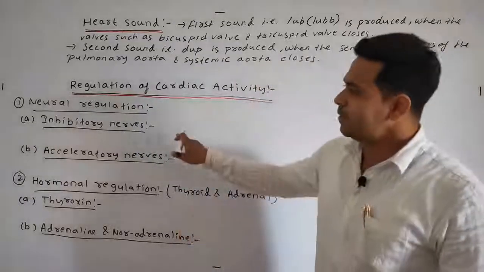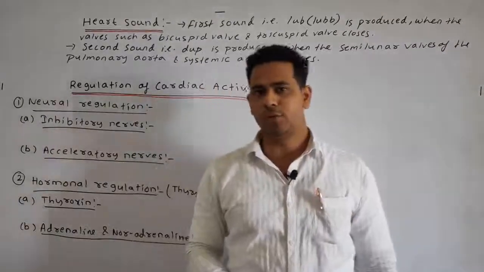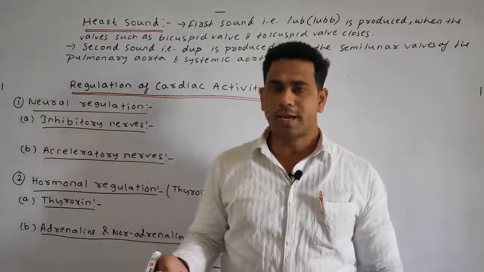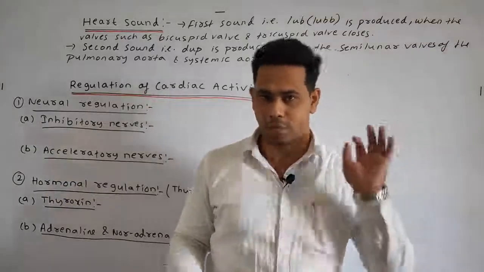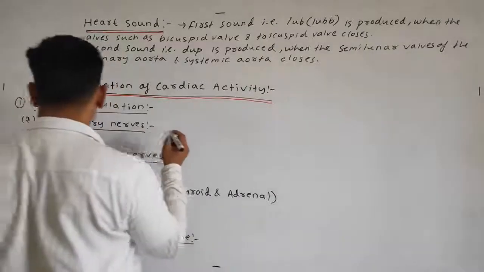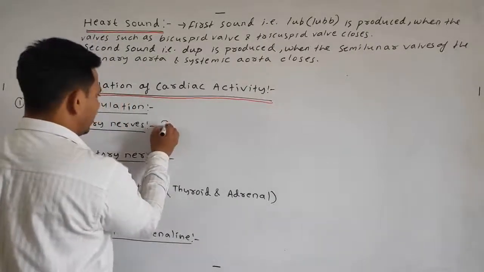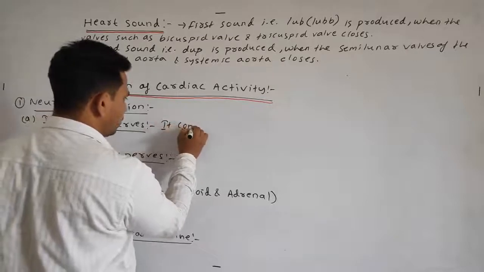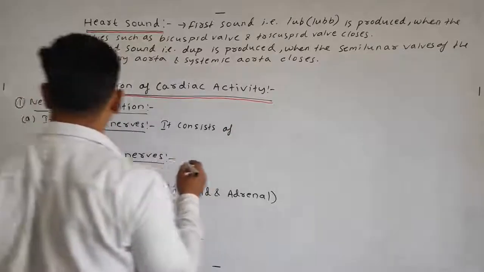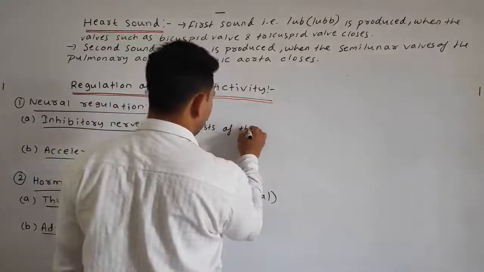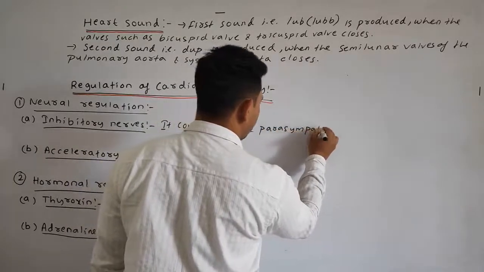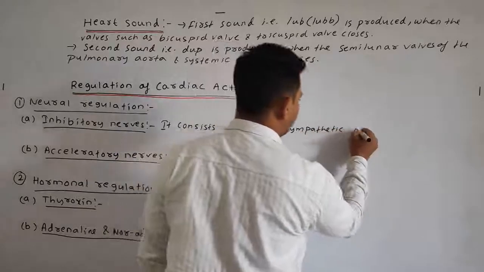In the case of the inhibitory nerve, students, it consists of parasympathetic nerves. Which type of nerves does it consist of? It consists of parasympathetic nerves. Okay, so we can write our first point. It consists of the parasympathetic nerves.